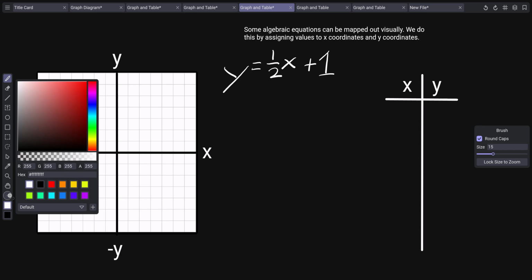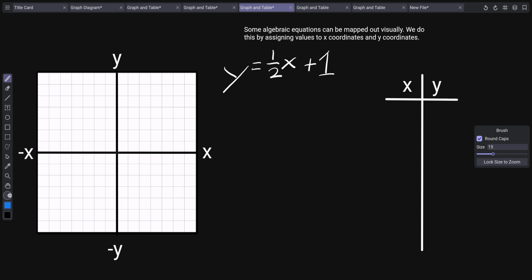So I'm going to mark the origin. That's right here, so that's the middle. And I'm going to put 0 in, so y equals 1 over 2, and we'll put in 0 here, and then we'll add 1.